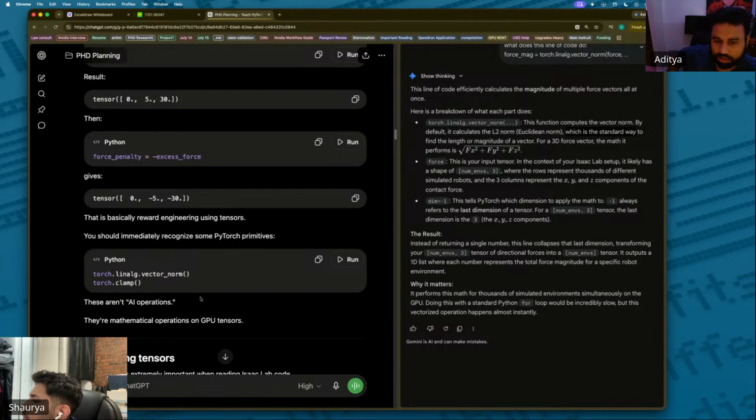This tells PyTorch what the minimum value a tensor could have would be, like 0, and we won't have any negative values.